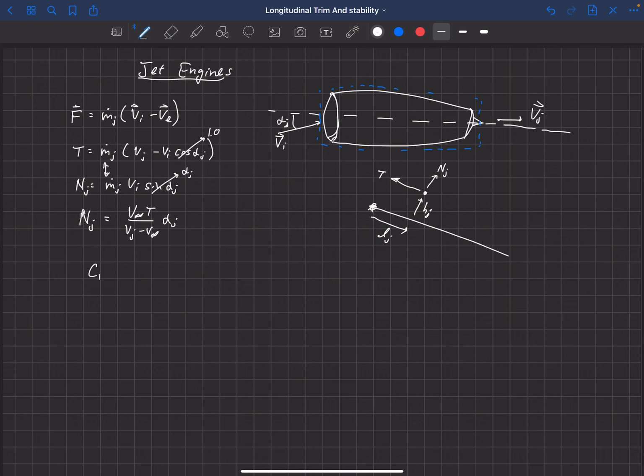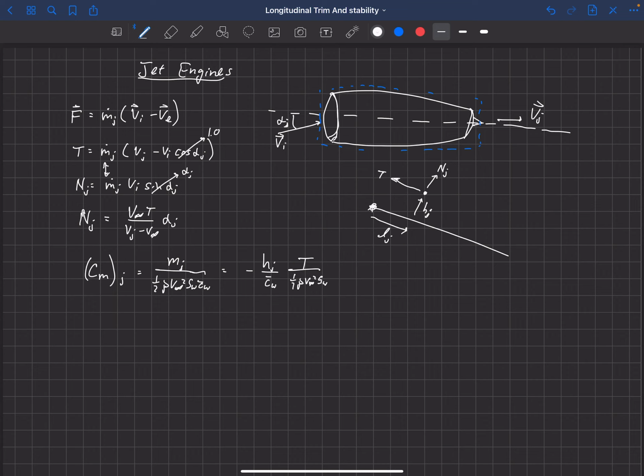So we can say that the pitching moment at the center of gravity due to the jet is defined as the moment from the jet divided by 1/2 rho V infinity squared S_W c bar wing. That's how we non-dimensionalize the global pitching moment. And so when we plug that in, the moment of the jet is going to be minus the height of the jet, and we're going to bring that c bar w out front just like we did with the propeller, times the thrust divided by 1/2 rho V infinity squared S_W.